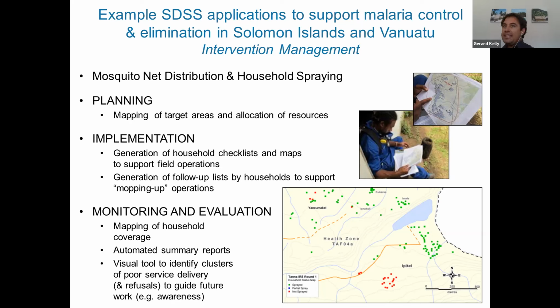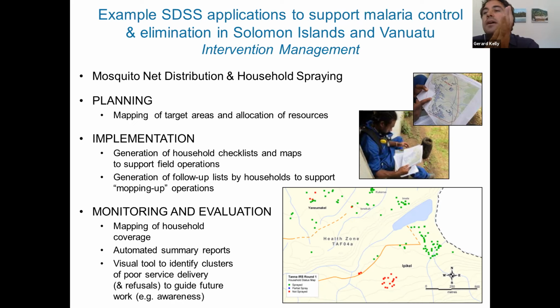When we're talking about planning, clearly we can map out our target areas, and we can utilize useful tools like risk maps to identify where we want to target our information. I'll talk about the classification of transmission probably in the next slide. We can also overlay our baseline data to identify information that will help deliver that intervention.